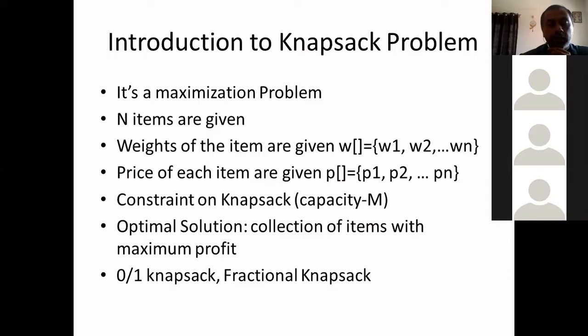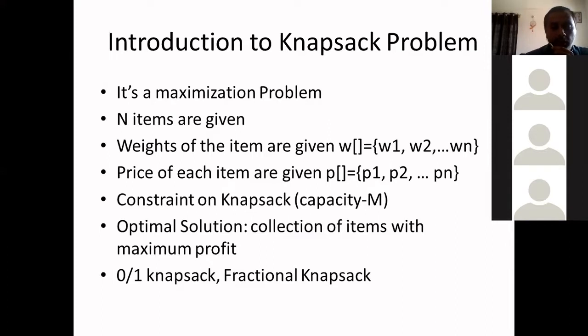That means whenever we are trying to accommodate an item, there is a provision that if the item is unable to fit completely, we can take a part of the item to fill the leftover space. Because of that, there is a provision for accommodating a fraction of the item, so such knapsack problems are called fractional knapsack.